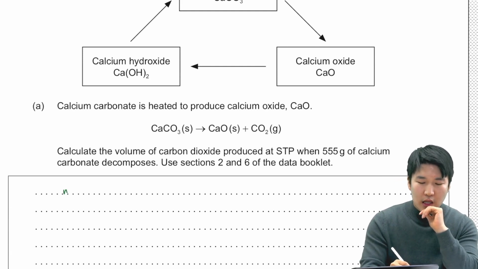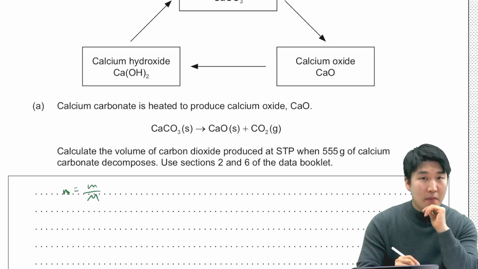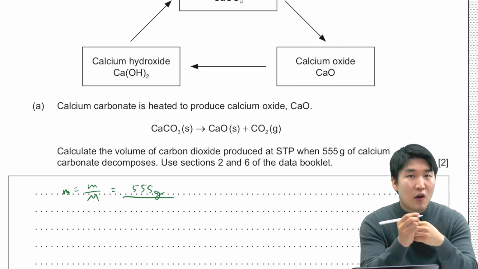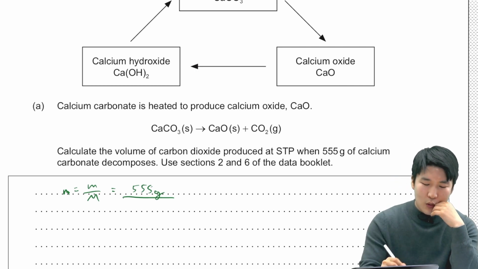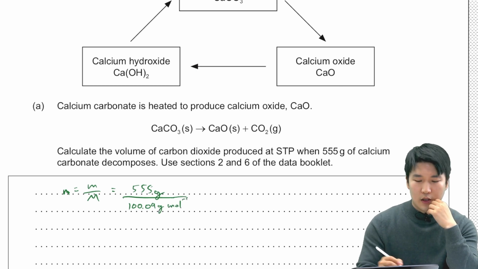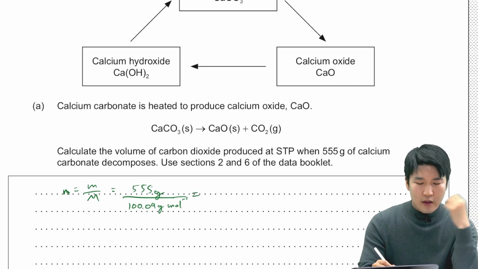We do n equals m over big M, where mass is 555 grams over the molecular mass of calcium carbonate, which is 100.09 grams per mole. Okay.